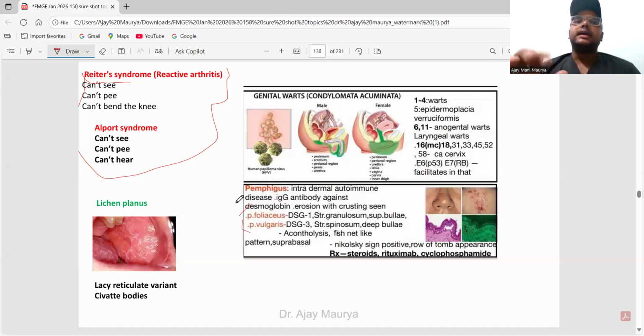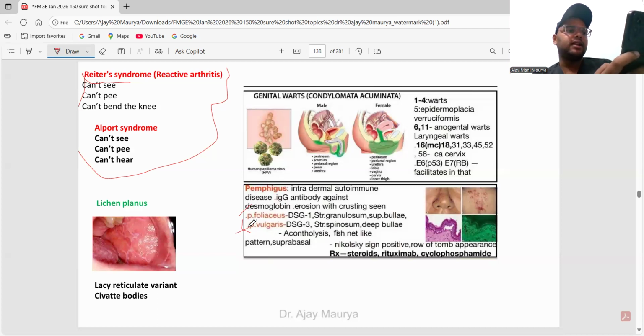The only important difference between pemphigus foliaceus and vulgaris is that pemphigus vulgaris involves desmoglein 3, and this involves the buccal mucosa. It means it is associated with oral lesions. That's what you have to remember as the exam point.